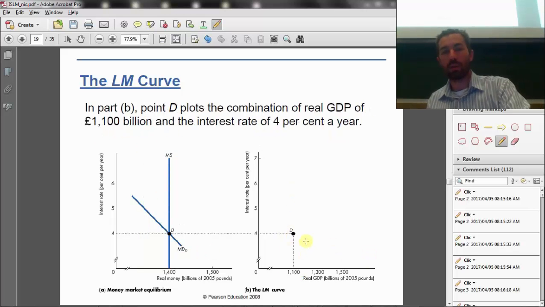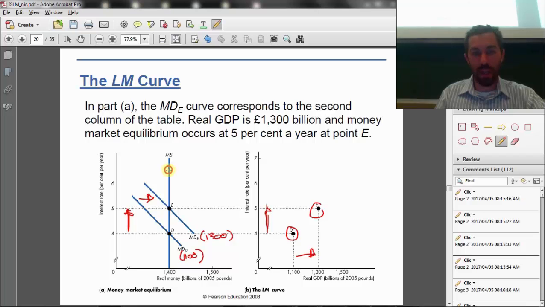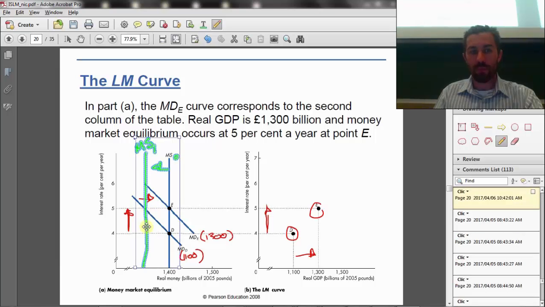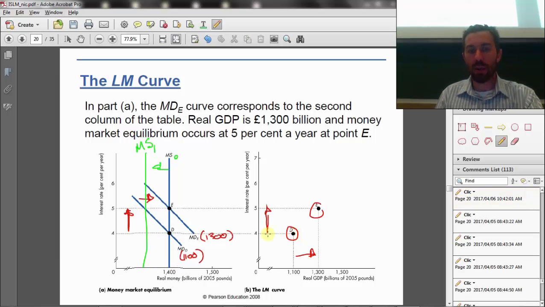If we go one frame further, the same thing. My money supply curve has been shifted to the left, from MS0 to MS1. My initial point D, with my initial money demand MD0, has an equilibrium interest rate of approximately 5%. But it's actually MDE, what they're calling MDE, for some level of output, 1,300.